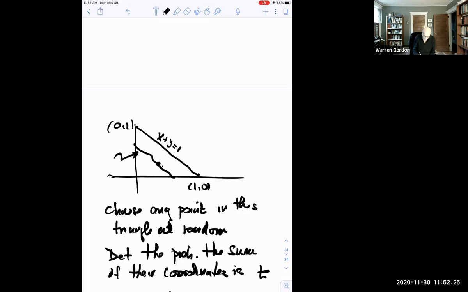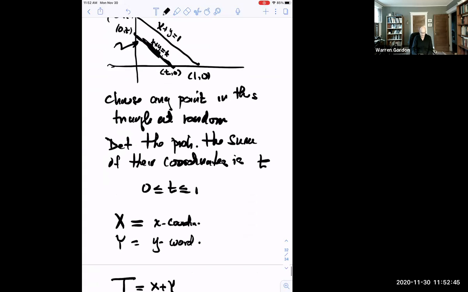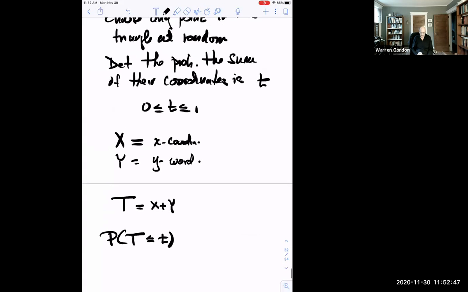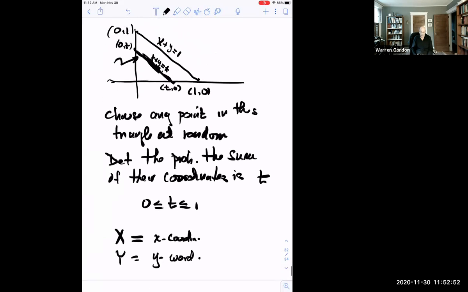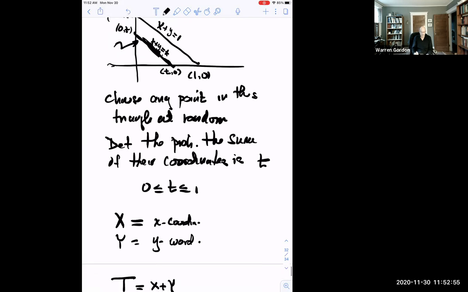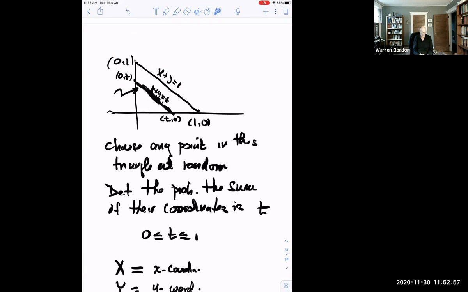If every single point on this line is x plus y equal t, this must be the point t comma 0, and this must be the point 0 comma t. So every point on this line, the sum of the coordinates is t. And my question is, what's the probability that if I choose any point at random, the sum will be less than or equal to t? Well, that means I can choose any point on this line or any point in this triangle, right?